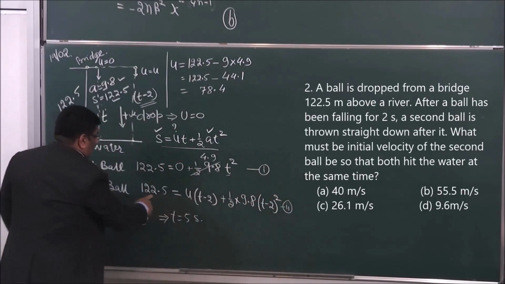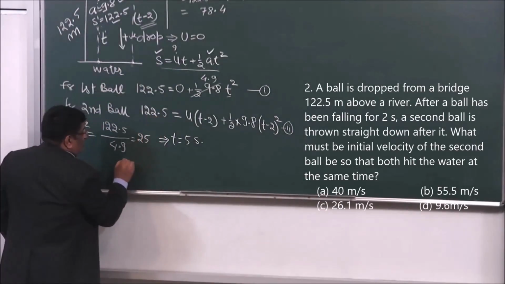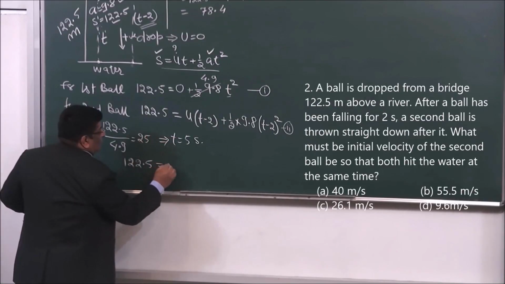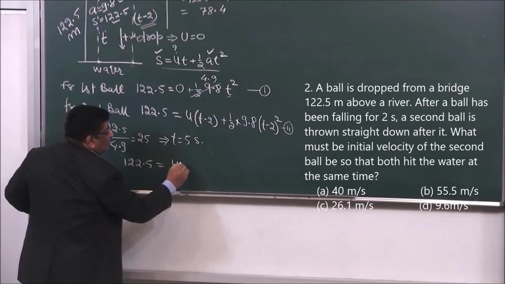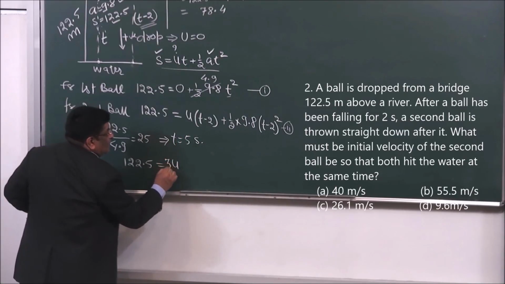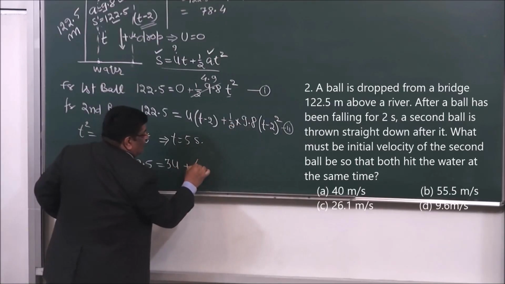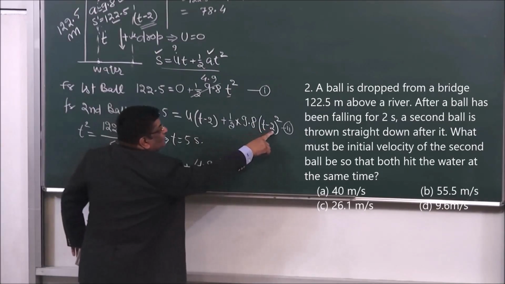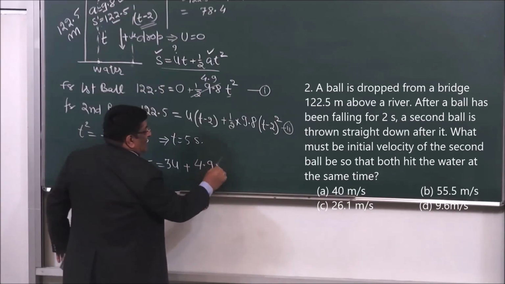So 122.5 is equal to u times 5 minus 2, which is 3, plus 4.9 times 5 minus 2, that is 3 square, which is 9.